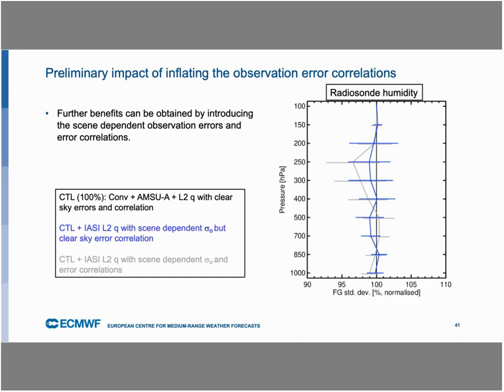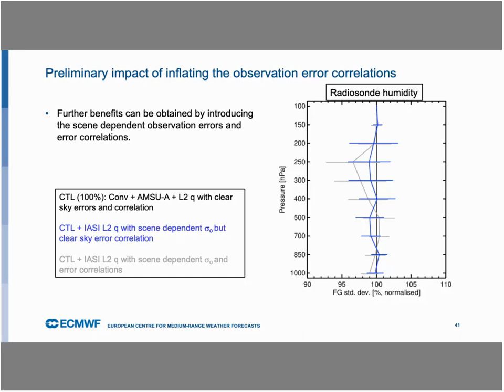We get improvement from modifying the observation errors, and then further improvements when we use the scene-dependent observation error correlations. So it's moving step by step to more complex cases and taking into account the errors, so that we get further and further positive impact from the humidity retrievals.